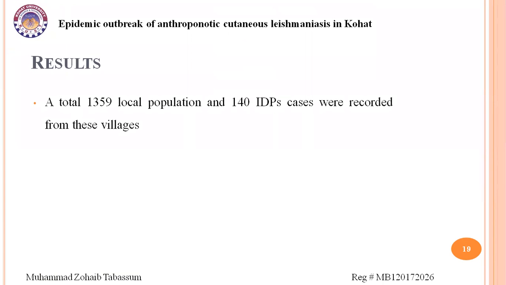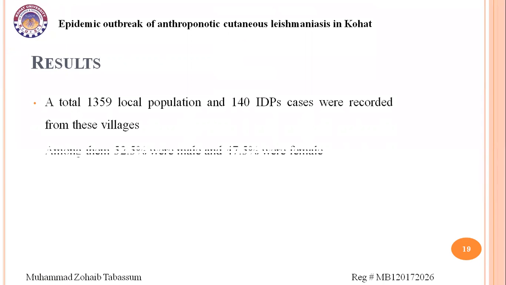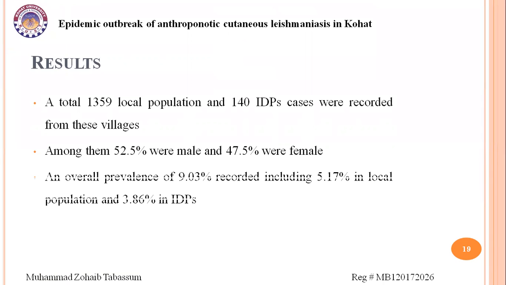Now let's talk about the results. After the PCR, DNA extraction, and sequencing, the results were somewhat like this. A total of 1,359 local population and 140 IDP cases were recorded from these villages. Among them, 52.5% were male and 47.5% were female.